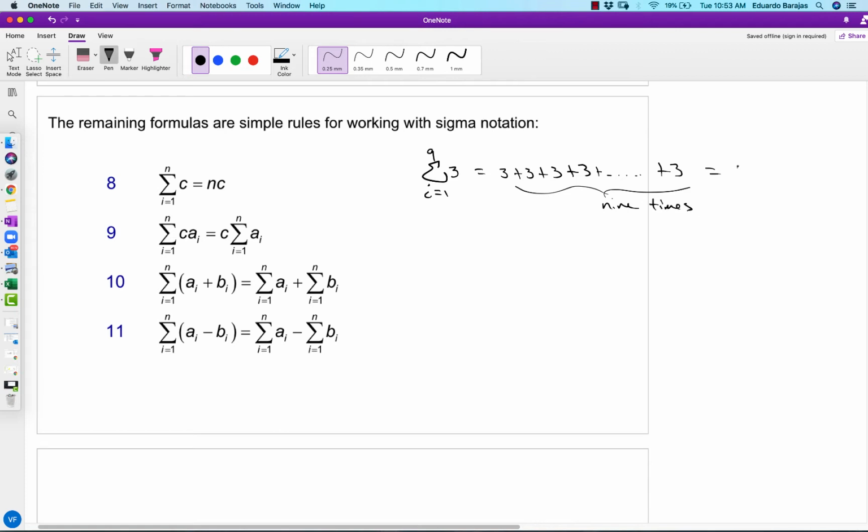So this just becomes 9 times 3, and that's what this is saying. There's going to be c being added up n number of times. That gives you n times c.